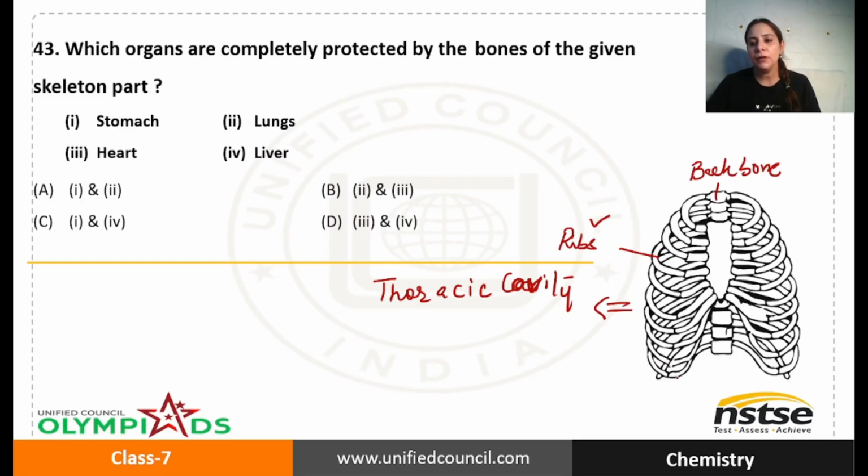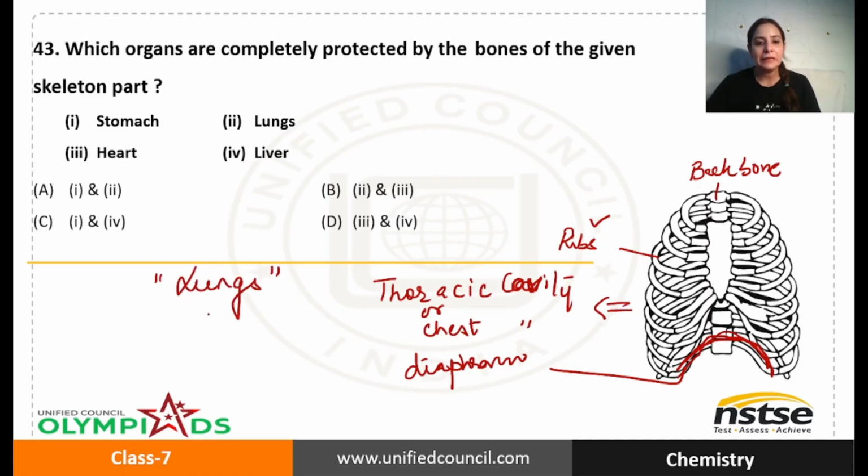Lower to this there is a dome shaped structure, and we call it diaphragm. It is also called the chest cavity. In this cavity we have two organs present: lungs and heart, which are present together.